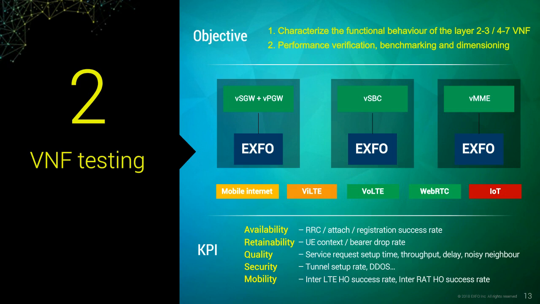We have seen some basic thing works, and the same KPIs that you see in this slide, the basic KPIs that even we measure in the physical world, like availability, retainability, quality, security, and mobility KPIs, differ. Every variation that you introduce and test, the measurement of all these different KPIs differs.